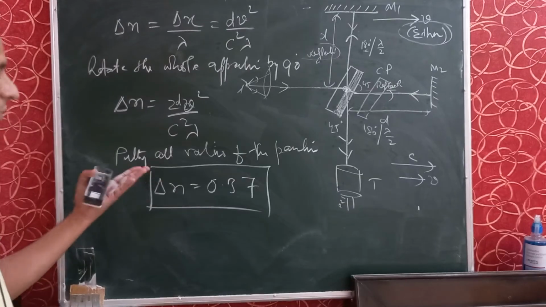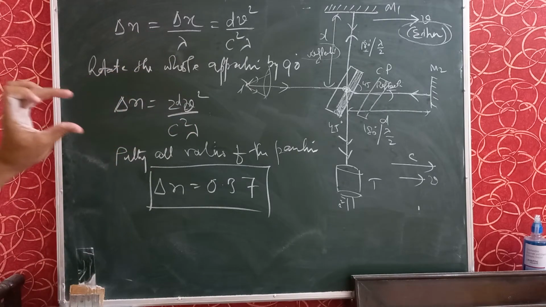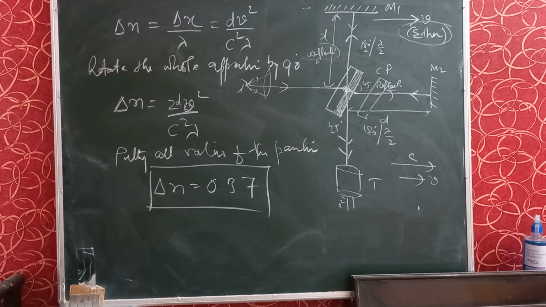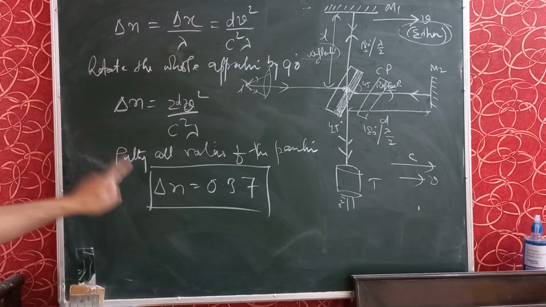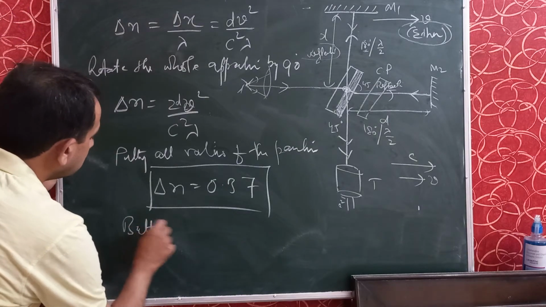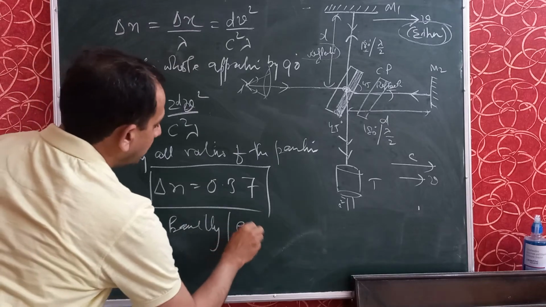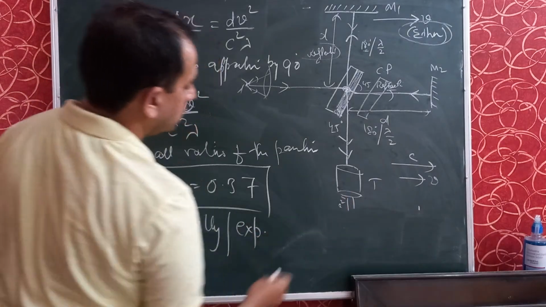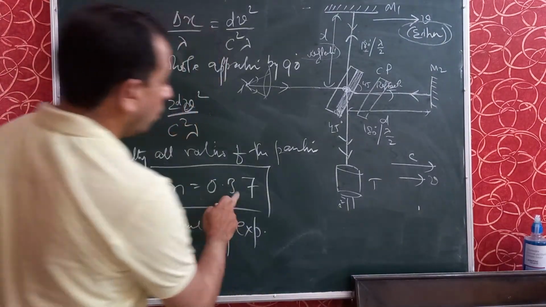Why is this shift observed? Because there is a time lag or distance gap between the two rays. So theoretically, it shows that there is a time gap between the two rays, but practically or experimentally, this difference is not observed. This difference is not observed.